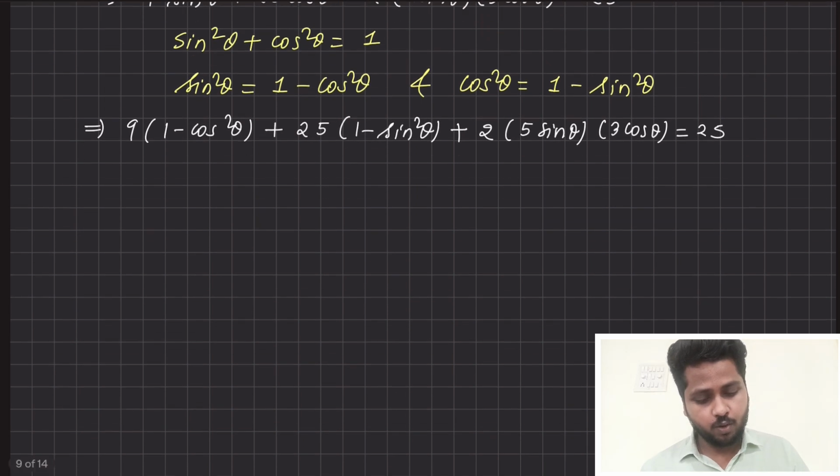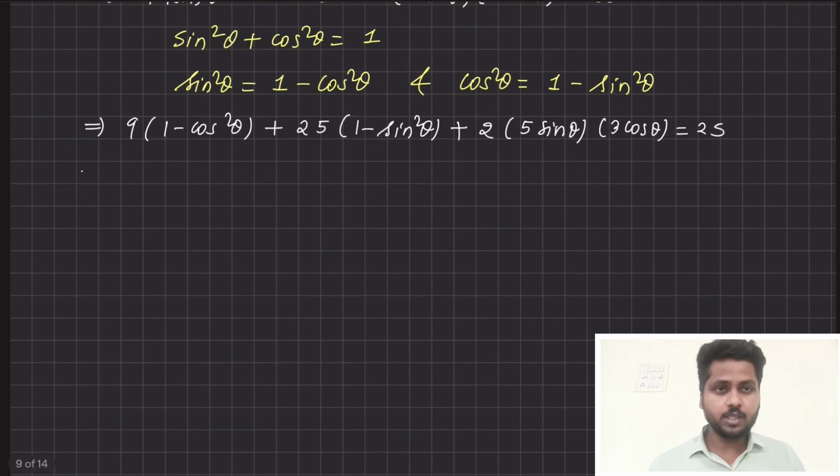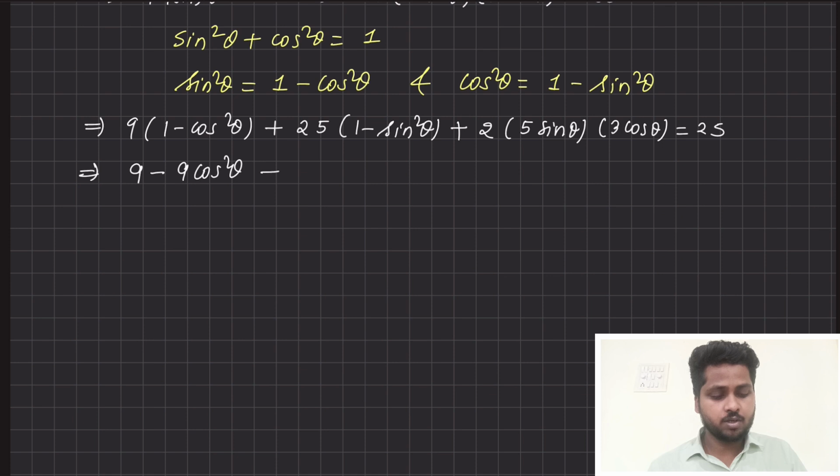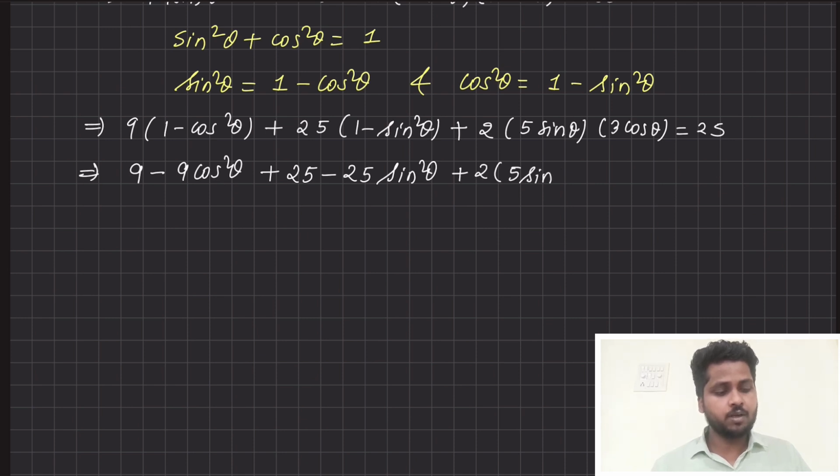Okay, now students, some basic calculation will happen here. 9 into 1, 9 into cos square theta, 25 into 1, 25 into sin square theta. So it becomes 9 minus 9 cos square theta plus 25 minus 25 sin square theta. Understanding? Then plus 2 times 5 sin theta into 3 cos theta is equal to 25.